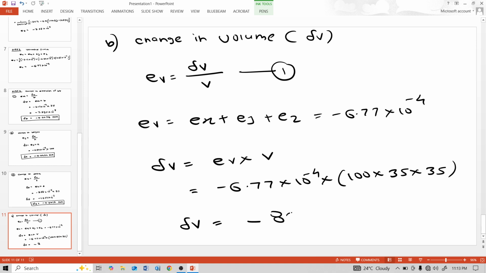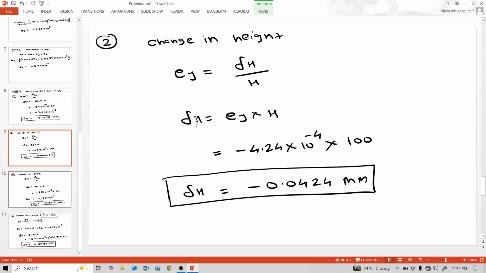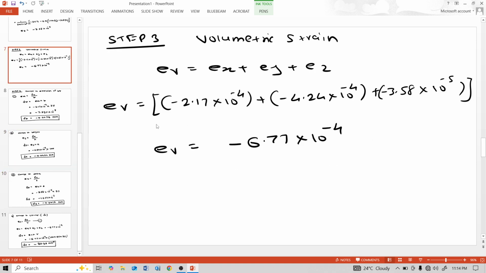Minus 82.93 mm cube is change in volume for that rectangular bar subjected to triaxial loading. Thank you very much.